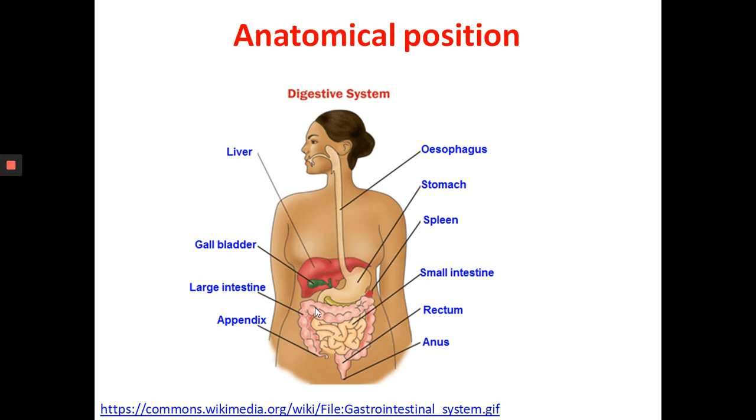The transverse colon extends from the right colic flexure to the spleen, to the other end, where it turns another 90 degrees to point downwards. This turn is known as the left colic flexure or splenic flexure.